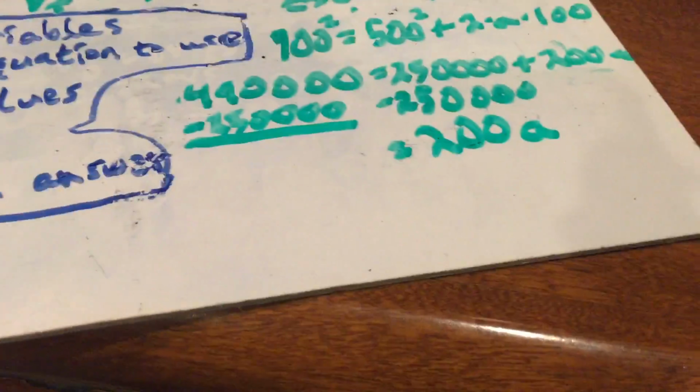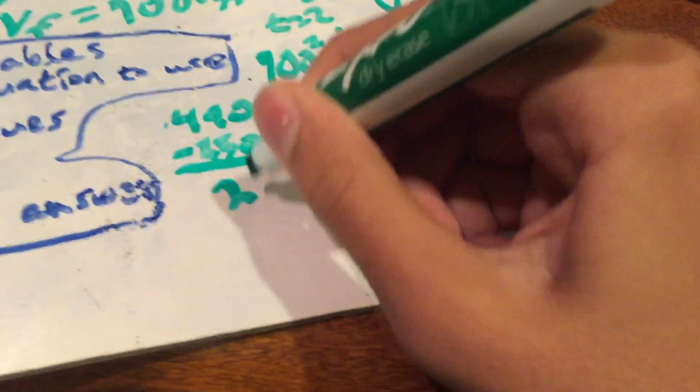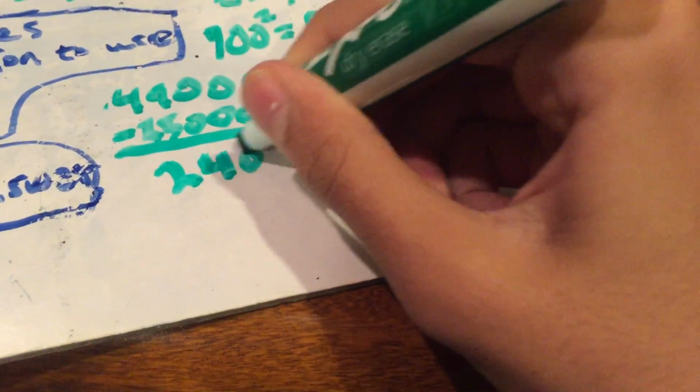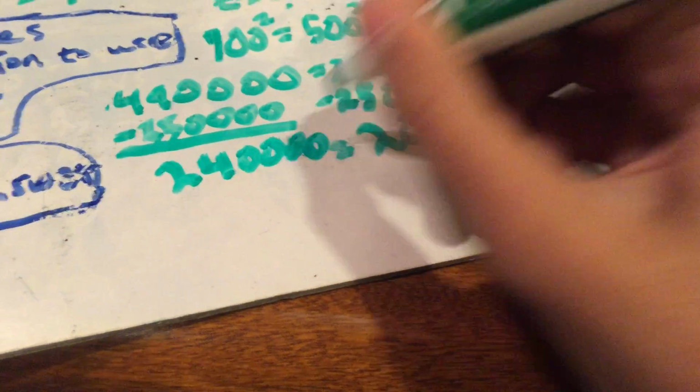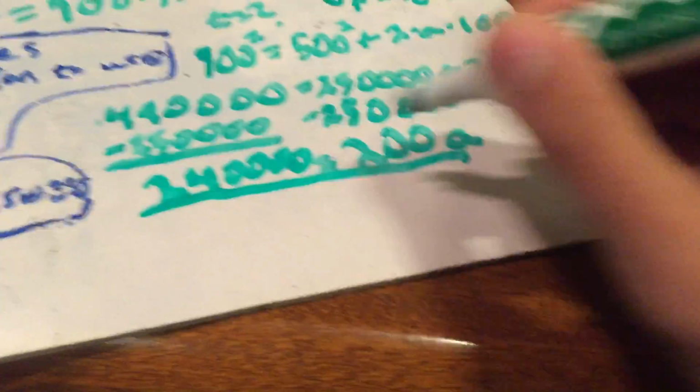Actually, I can do that mentally. So 240,000, and then divide that by 200.